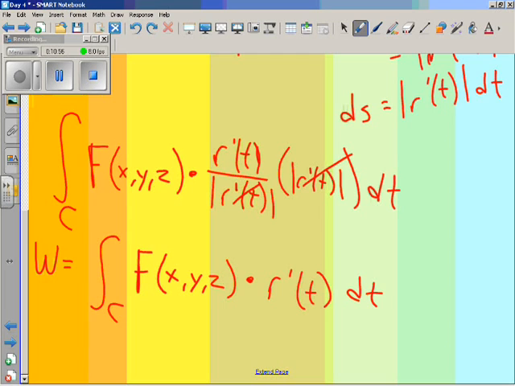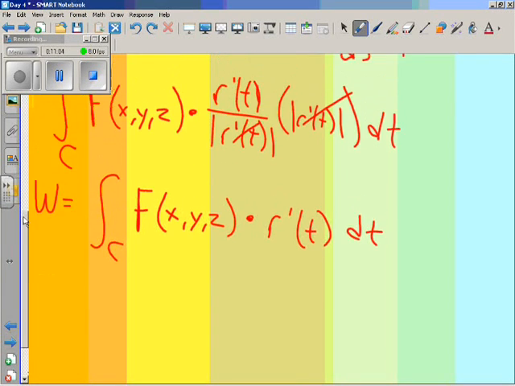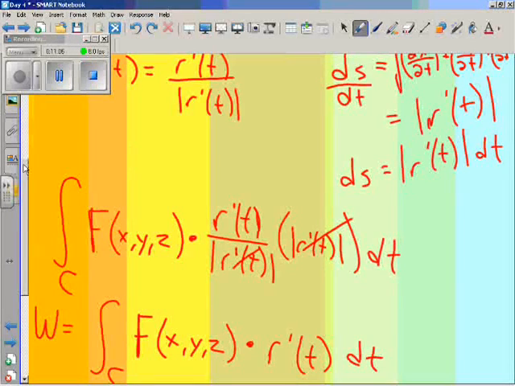And so a lot of times this is also abbreviated a little more shortly. Remember how up here we called ds the magnitude of r'(t) dt.